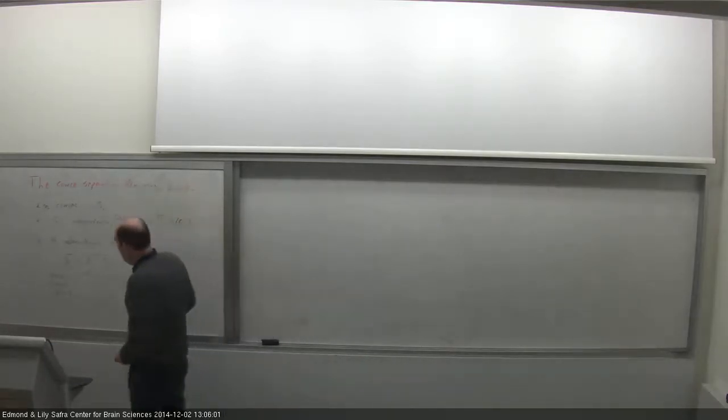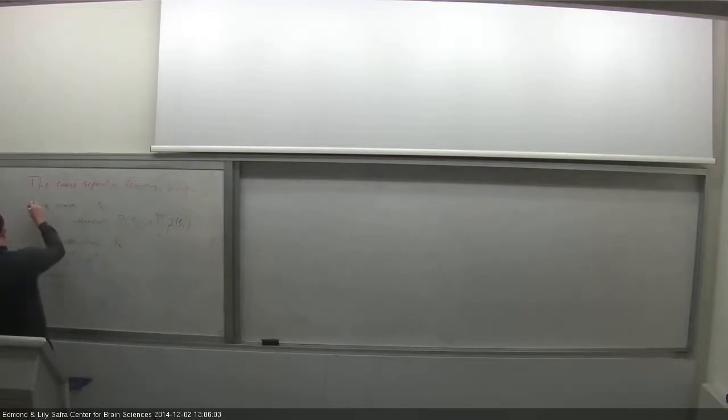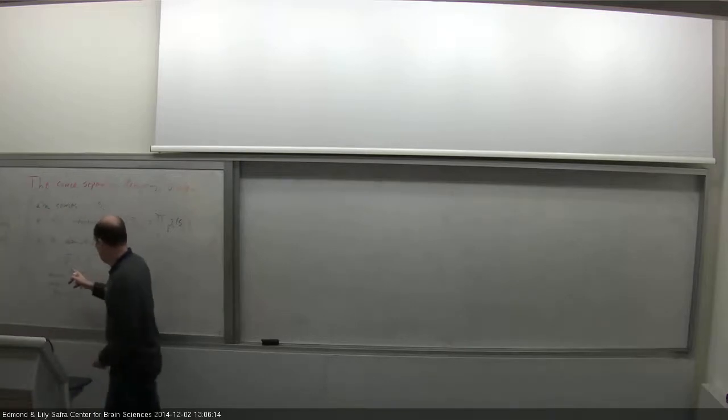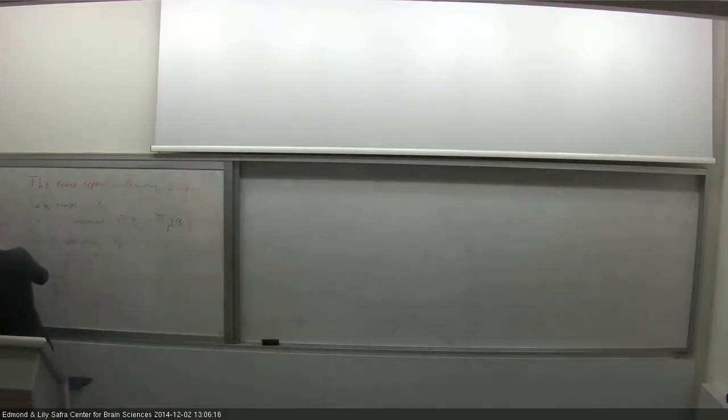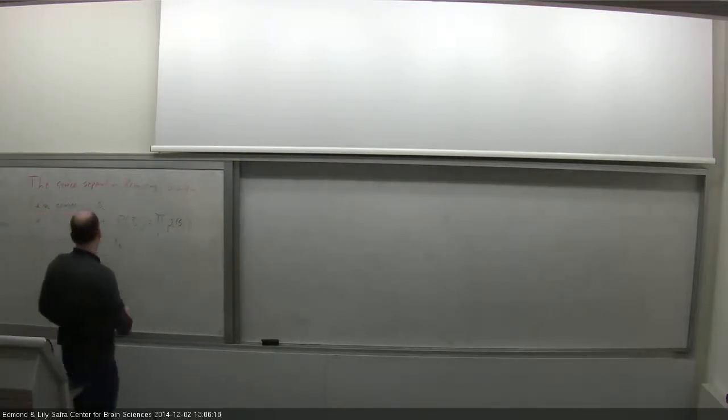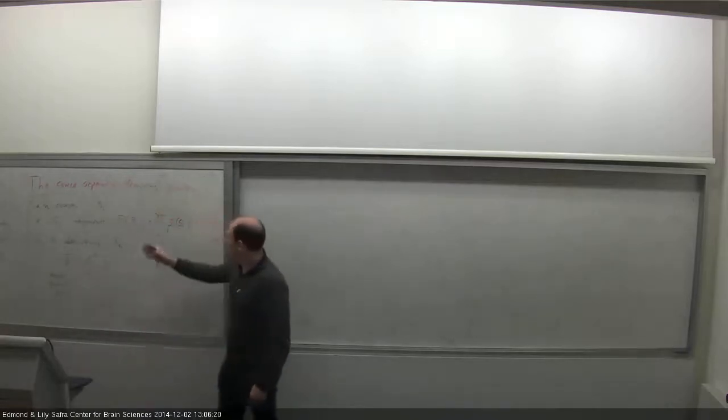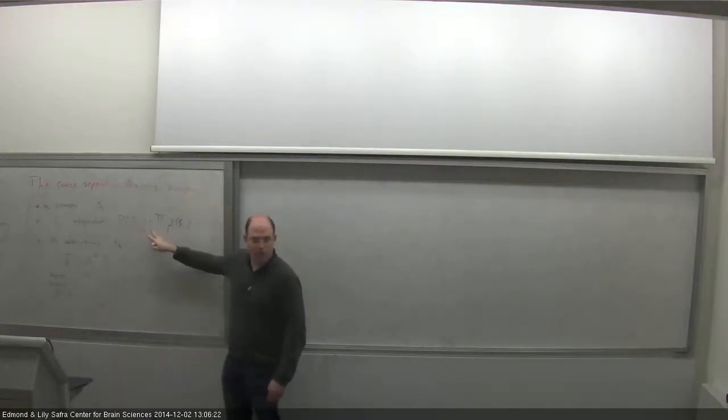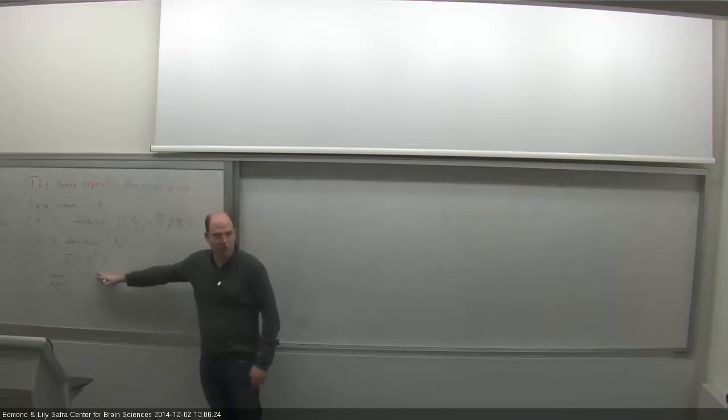Up to now, what I defined so far is what is called the generative model for the x's. I told you how the x's are generated: you have the s's, which are independent with some probability distribution, and this goes through some linear transformation.